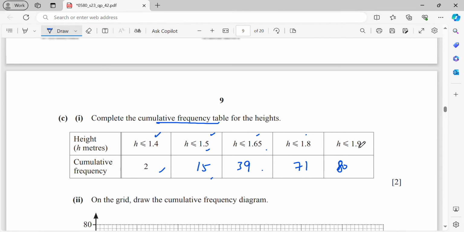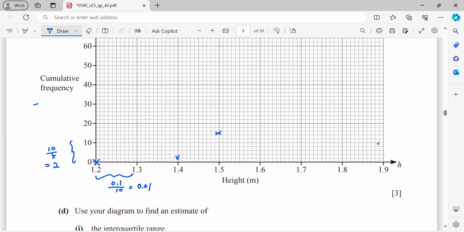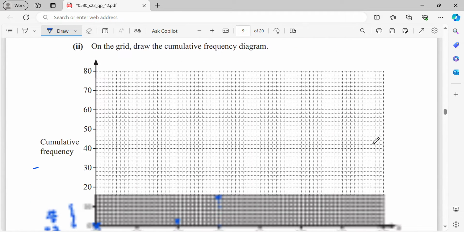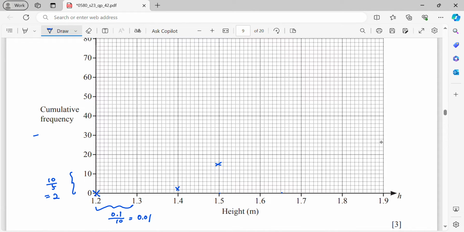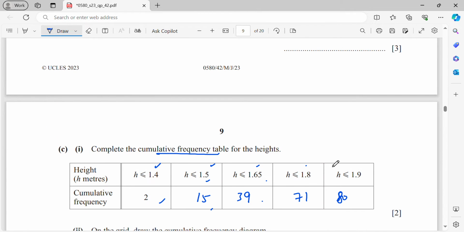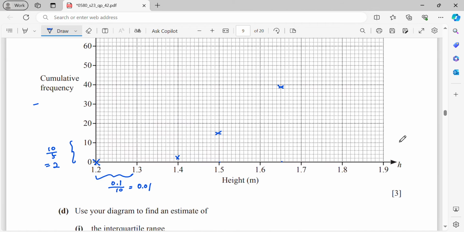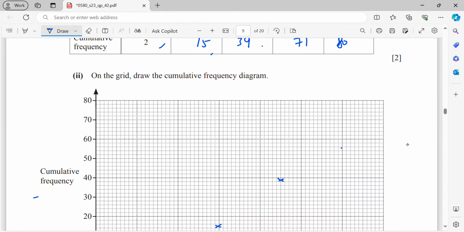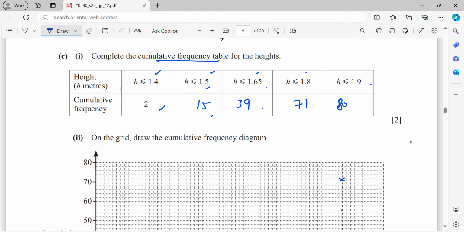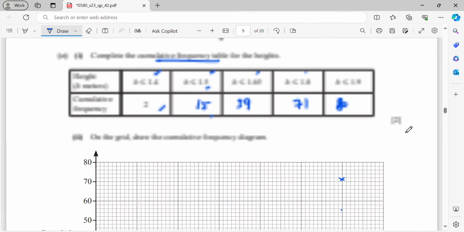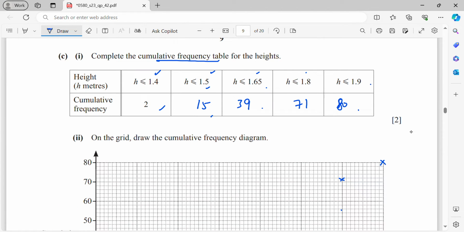So 1.65 means that you need another 5 units from 1.6, and then the vertical axis is 39. So 39, almost 40. So it is half of the squares here. Then 1.8, 71. So 1.8, exactly this line. 71 is here. Lastly, 1.9, 80. So 1.9, 80, 80 is the last point, the highest point.